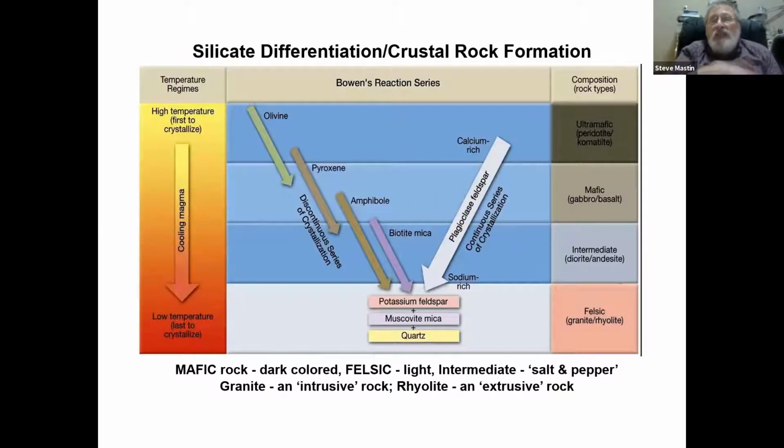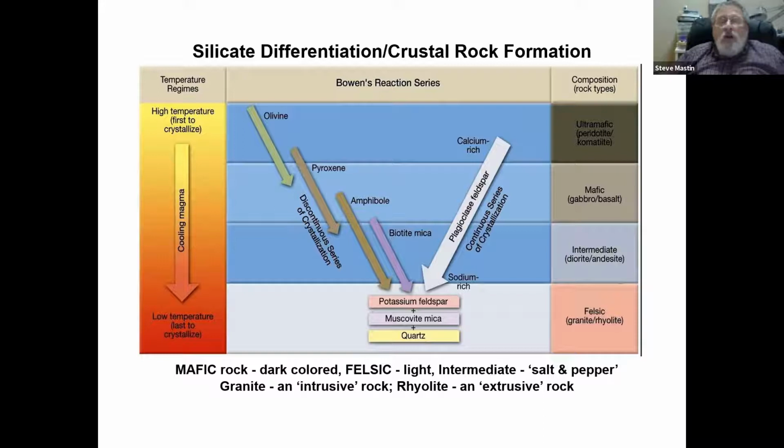Now, this is the process of differentiation that I was talking about. It's called Bowen's reaction series. So you've got high temperatures on the left that are the first to crystallize and low temperatures at the bottom. And on the other side, you have the different kinds of rocks that are formed at all of these different temperatures.